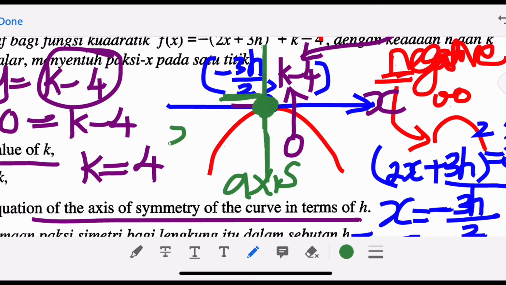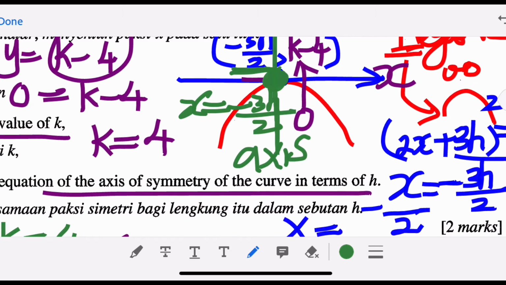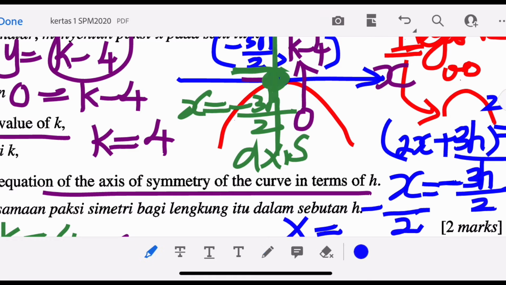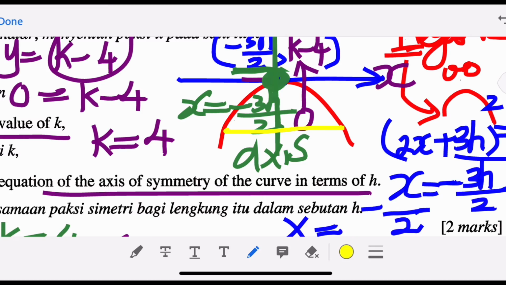The equation is just x equal to the x-coordinate here, x = -3h/2. This is the so-called axis of symmetry because it divides the curve into two equal balanced sides. You can see the curve is symmetrical here, right?